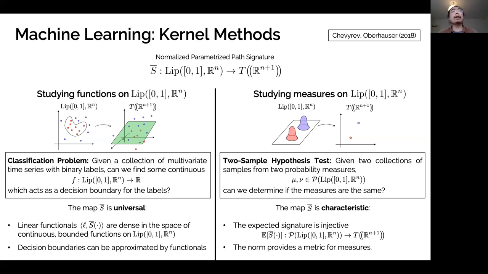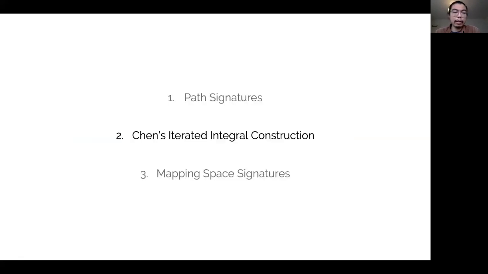And so what we would like to achieve is to get something like the path signature for maps from higher dimensional domains. In order to do this, we're going to go back to the topological origins of the signature in terms of Chen's cochain construction.